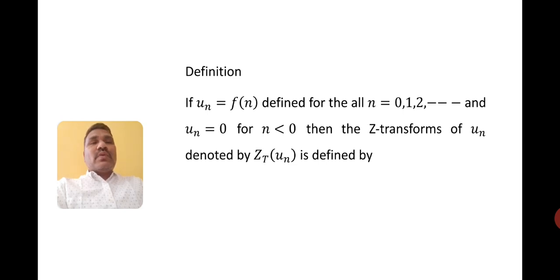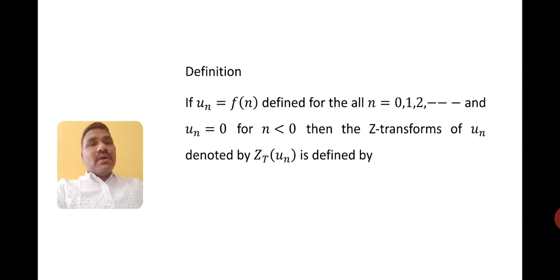What it means is that if negative values occur, we get 0. This is the condition: it is defined for positive integers. When you take a negative integer, it will be 0, for the function you are selecting.